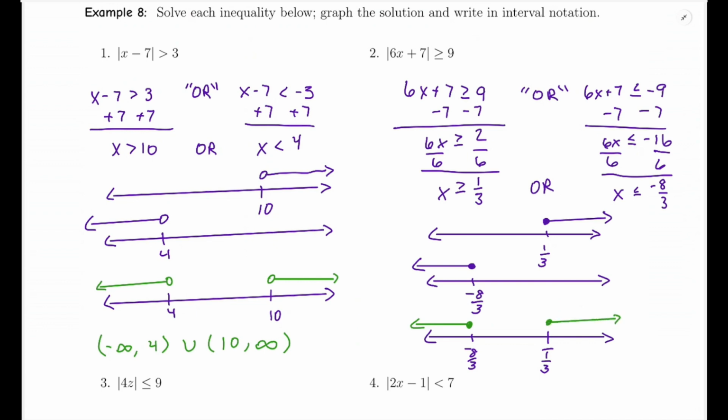And then in interval notation, it would be negative infinity to negative 8/3 with a bracket, union, bracket, 1/3 to infinity.